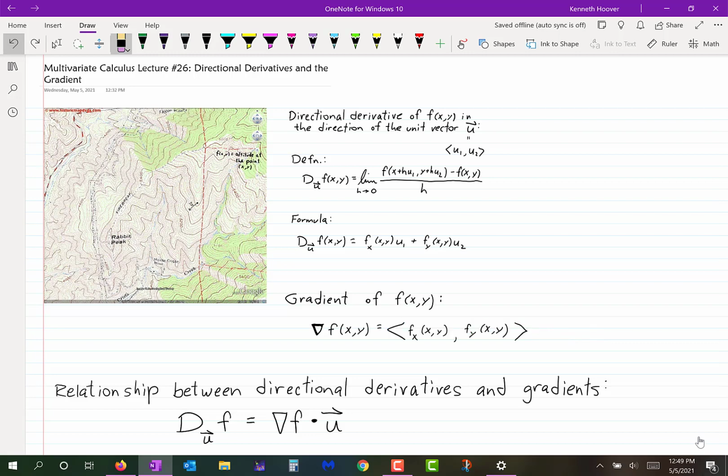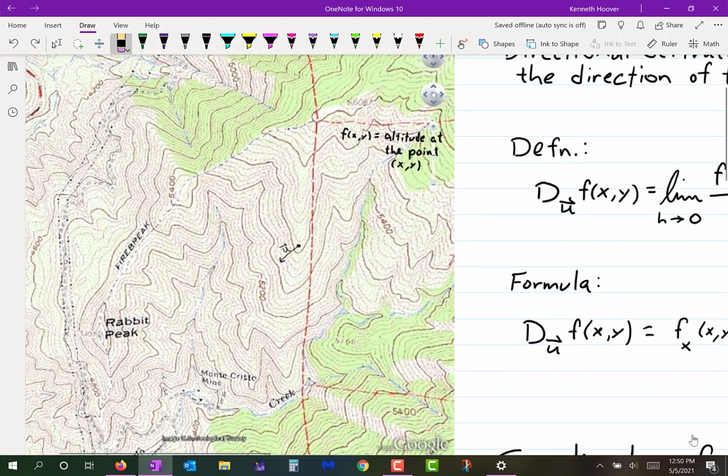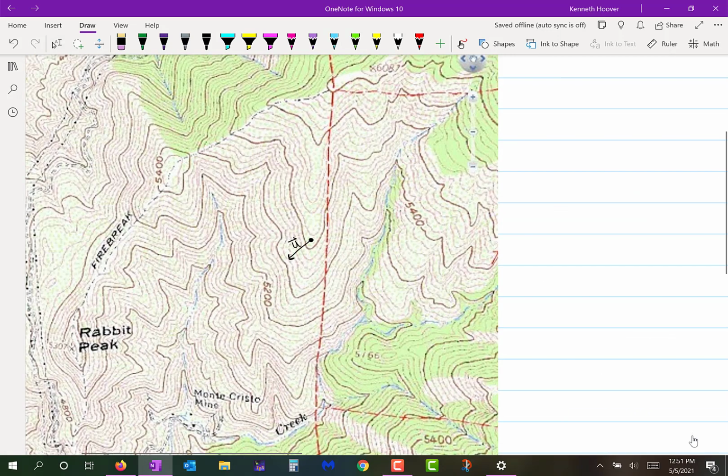Okay, next thing. Let's zoom back into our picture here. I'm going to move that point a little bit. Let's put it right on one of these lines here. How about, I'll put it right here.